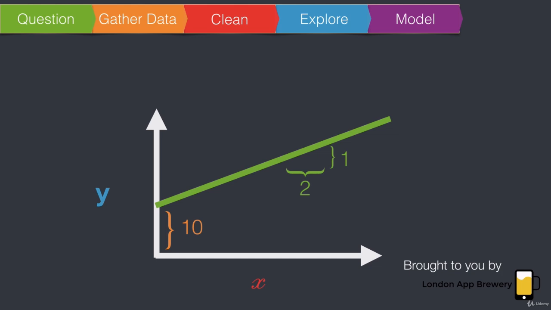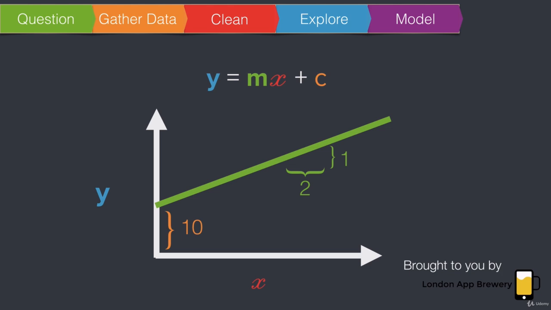And if every time x increased by 2 it made y increase by 1, then we say that the line has a slope that is equal to 1/2. In that case, our equation would look something like this: y is equal to 1/2 x plus 10. And that means that the generic equation for our line would be y is equal to mx plus c, where m is the slope and c is the constant.